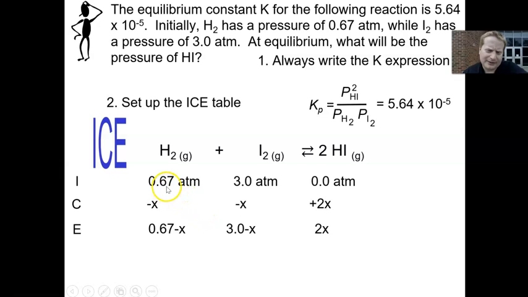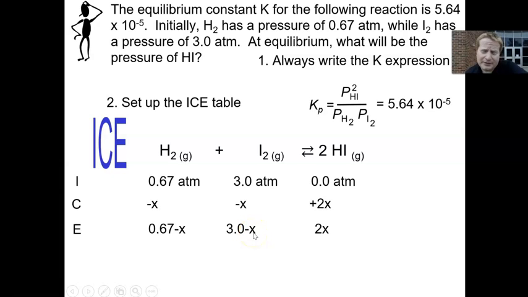So in this case, it was 0.67 minus x. That's literally what we have here. 3.0 minus x, that's what we put here. And 0 plus 2x. This last row, again, these stand for numbers, what we expect to actually happen at equilibrium. So this is our equilibrium values.